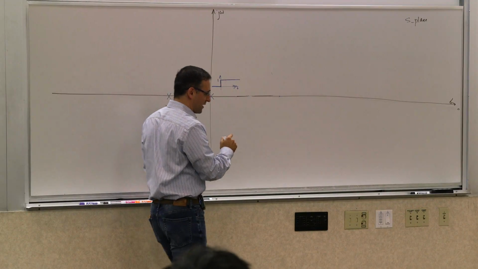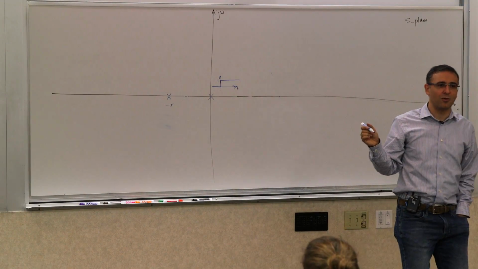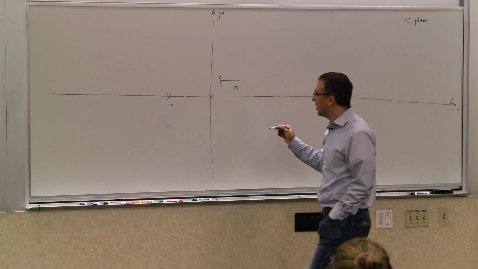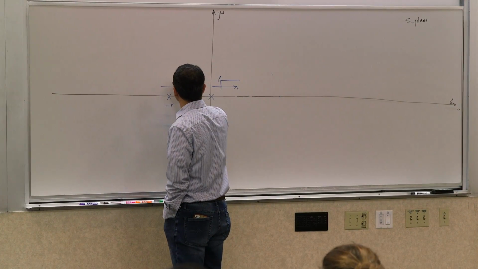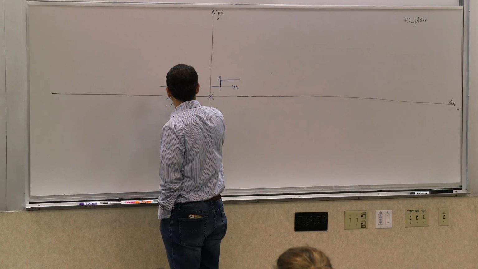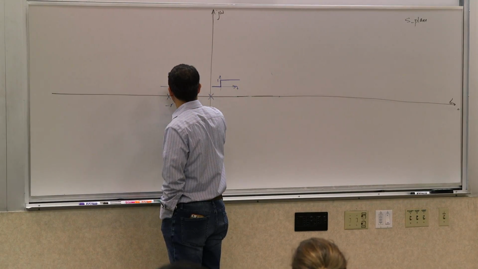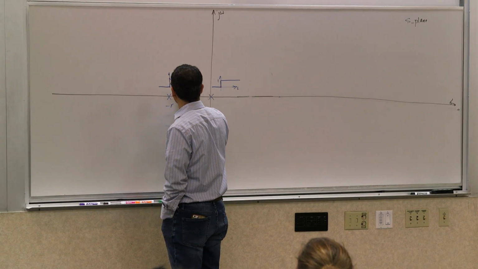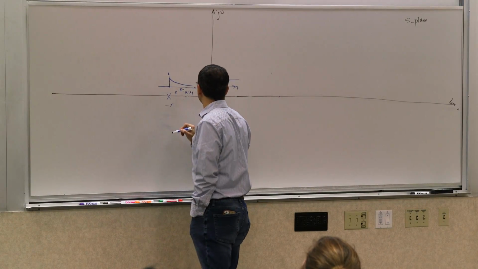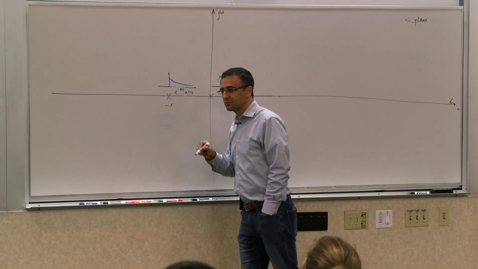But that being 1 over s plus r, what is its impulse response? E to the negative r. So the impulse response of this thing is something like that. E to the negative rt u of t. This is u of t.